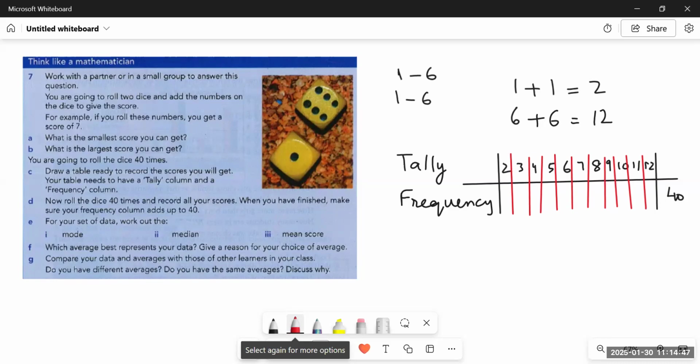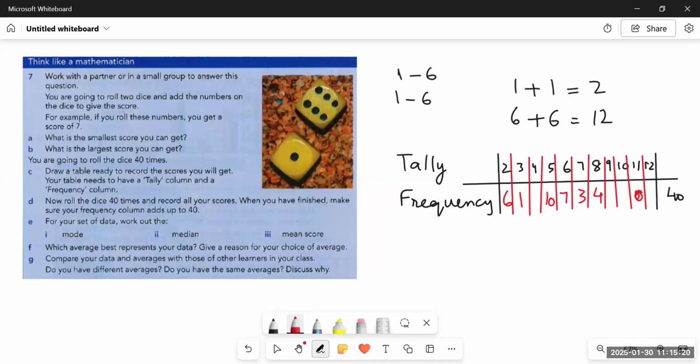Every time you roll the dice, you will see what total you are getting, and then you just add it. So let's say you get a 6 7 times, 7 3 times, 8 4 times, and then 2 6 times, 3 only once, and let's say you get 11 as a total 0 times, and then 5 10 times. Okay, so this way you have to complete this table.